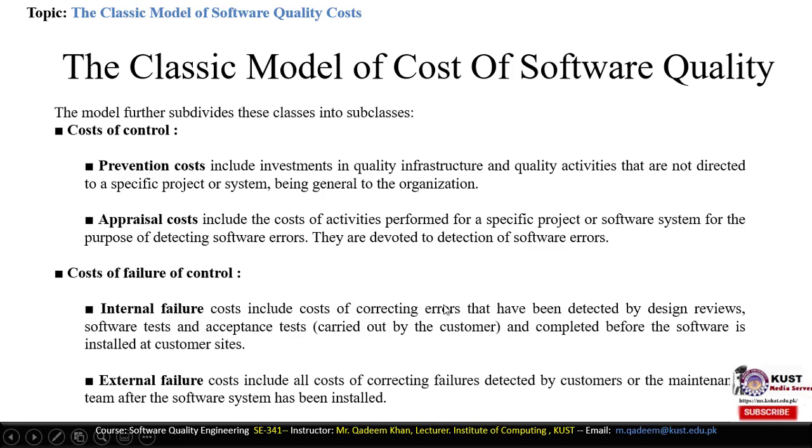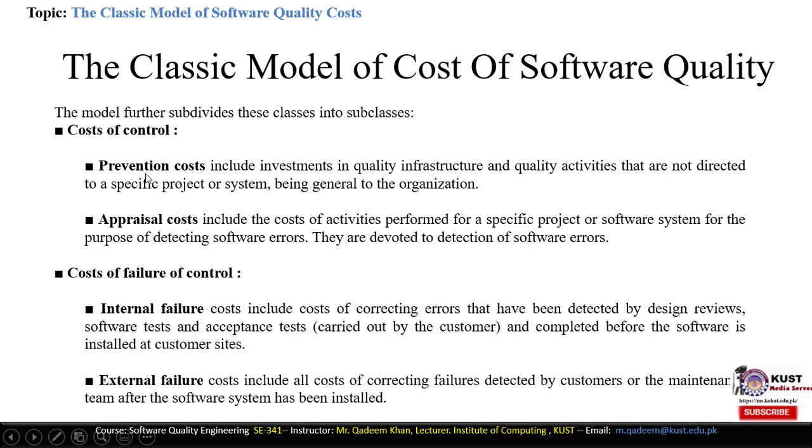Now we will explain all these terms in more detail. There are two types of cost of quality. The first one is called cost of control and the second one is called the cost of failure of control. Now cost of control means the prevention cost plus appraisal cost.